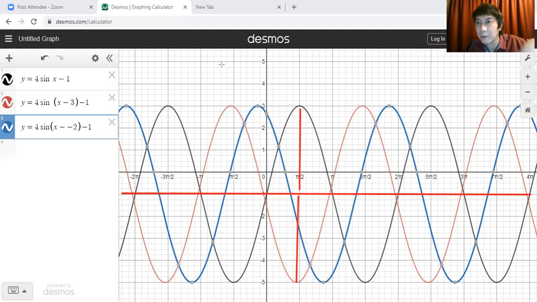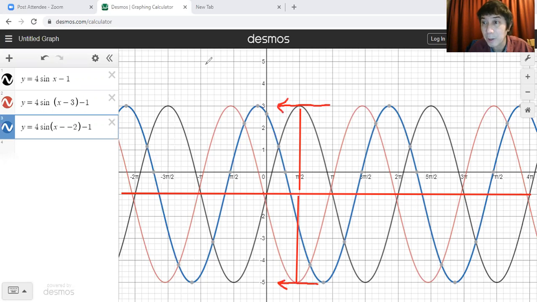So remember, the amplitude is the maximum height minus the minimum, and then you divide by 2. That is the amplitude. So how did you get the 4? Let's compute from here. This is 3. The minimum here is -5.